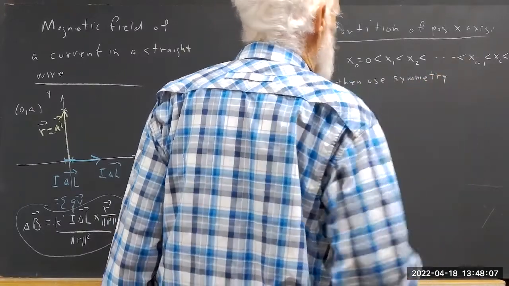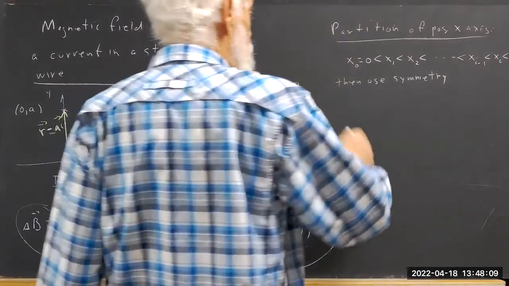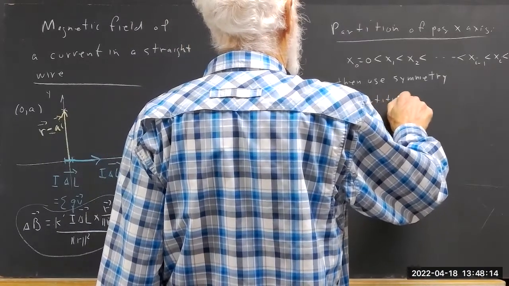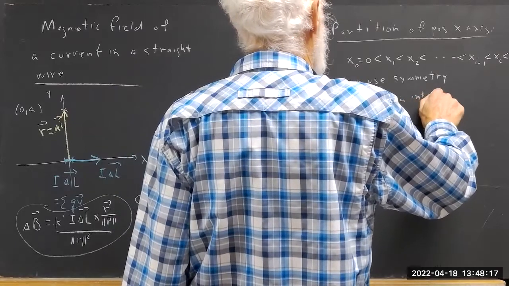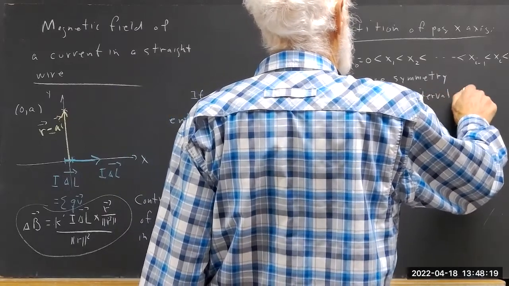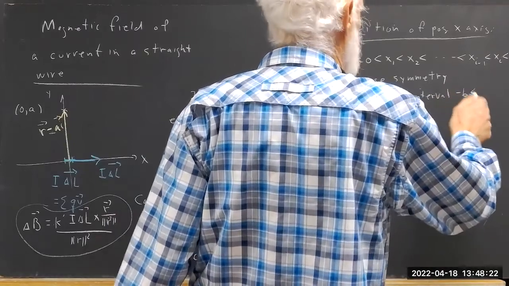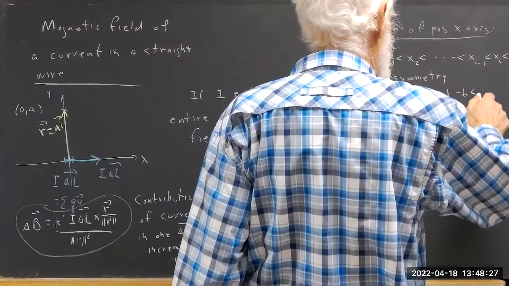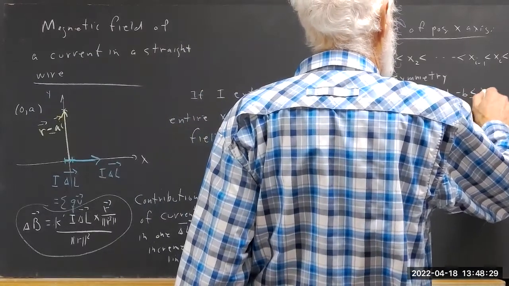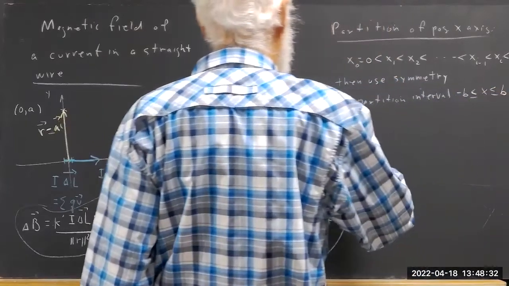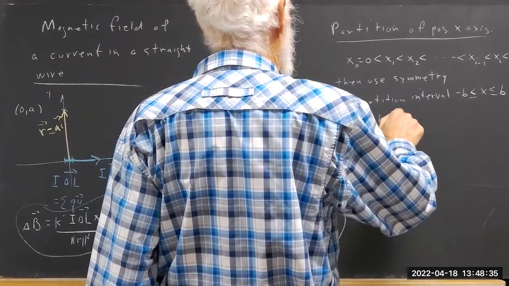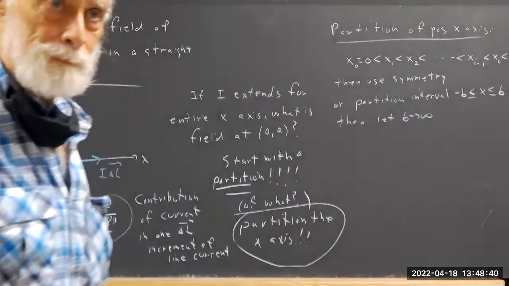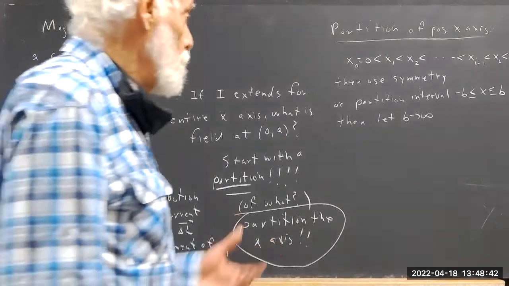We partition the positive x-axis, then use symmetry, or, and a lot of times we use A here, but I've already used A for the position of the y-axis. So we do it one of two ways.